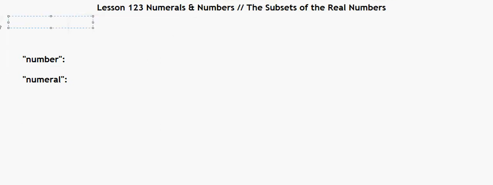Lesson 123 is called Numerals and Numbers, and it finishes on real numbers and the different subsets of real numbers. To begin with, I think this is review, the idea of what a number is versus what a numeral is.